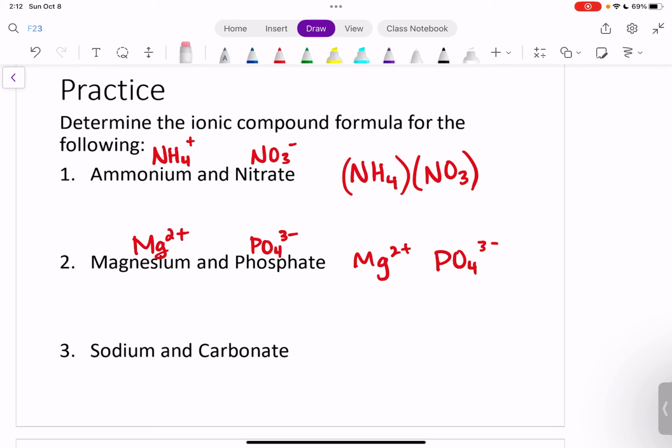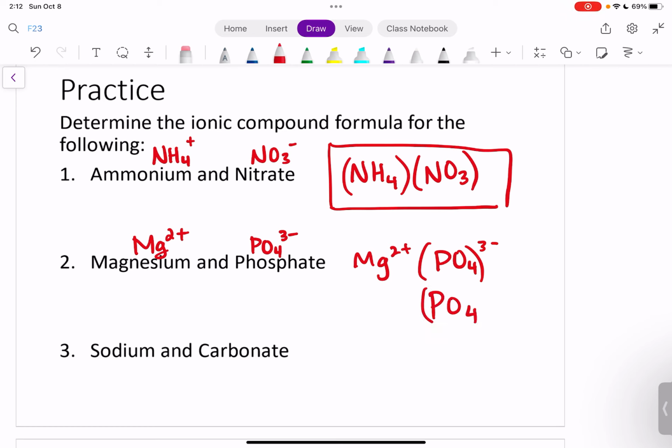I'm going to erase this to give us a little more room, and we'll put our final answer up there. I know I'm going to need more of something, so let's just add another phosphate and see what happens.